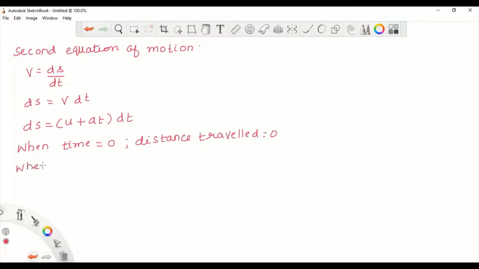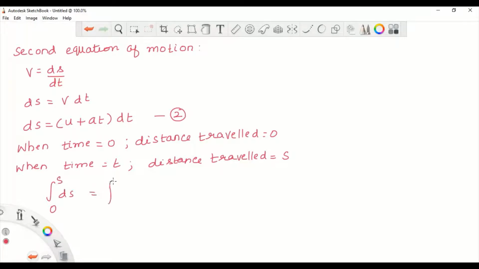When time is equal to t, then distance traveled is equal to s. So now we will integrate this equation. So let us take, this is our equation number 2. So when you integrate on both the sides between the limits 0 and s.